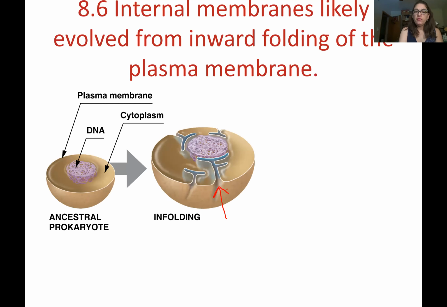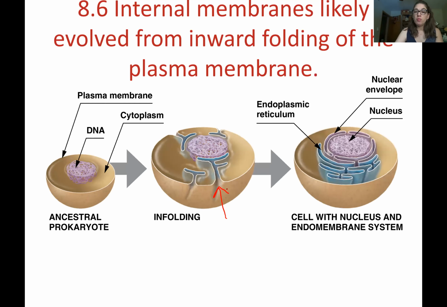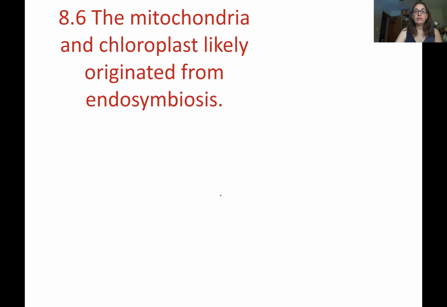And that membrane folding in on itself may have caused or led to that endomembrane system, the endoplasmic reticulum, the Golgi apparatus, the membrane around the nucleus. All this is hypothesized to have formed by this enfolding of the plasma membrane. Again, this is a hypothesis because we don't actually know how it happened because we weren't there. So all we can do is hypothesize.